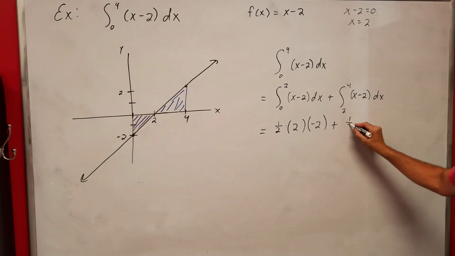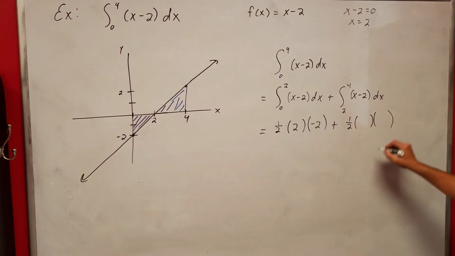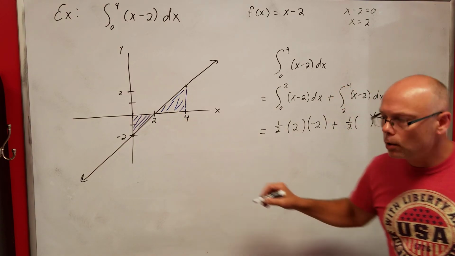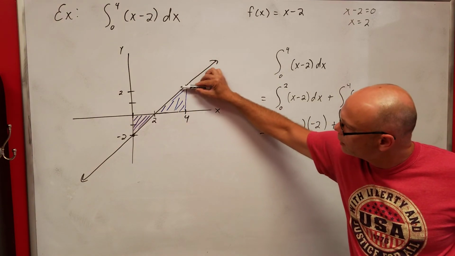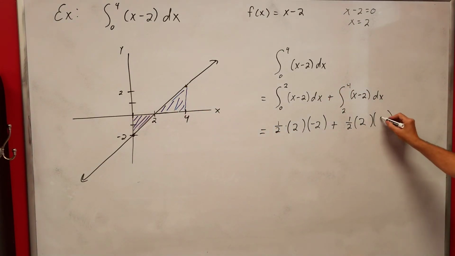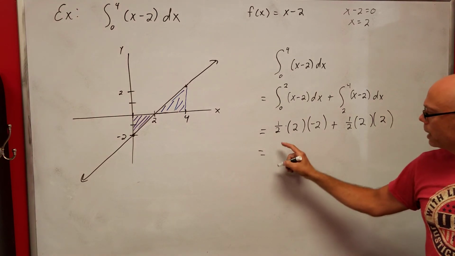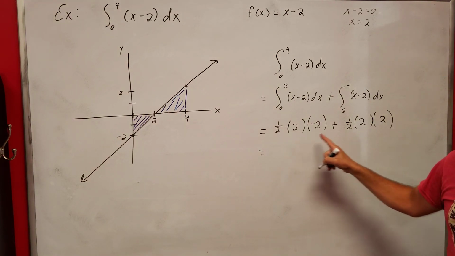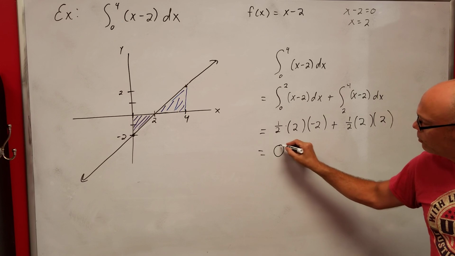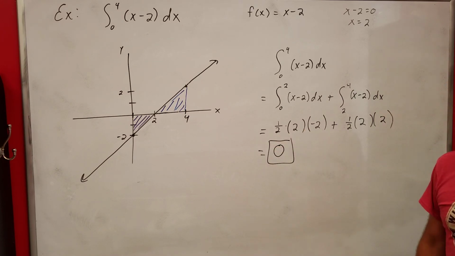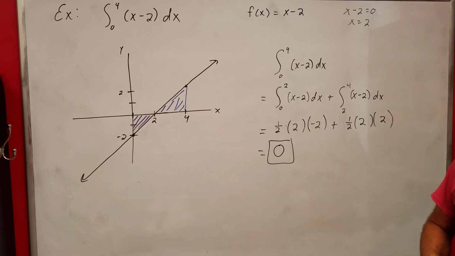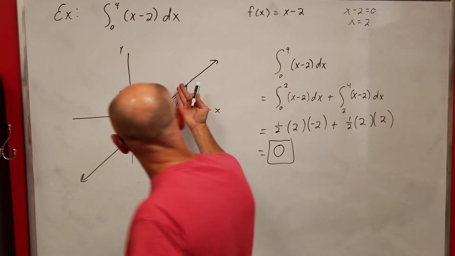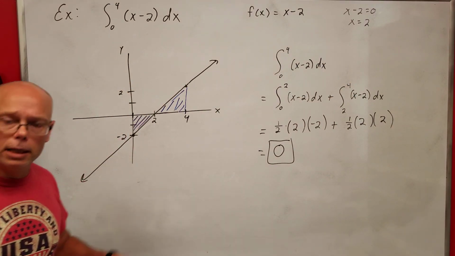So I need 1/2 base times height. What's my base length from 2 to 4? It's 2 units long. And what's the height of this triangle? 2. So what happens if I calculate that? That's exactly the same thing, but one of them's positive, one of them's negative. I get 0. So what is that? That's really the net signed area from 0 to 4. I have the same amount of negative area as positive area, so it is 0.